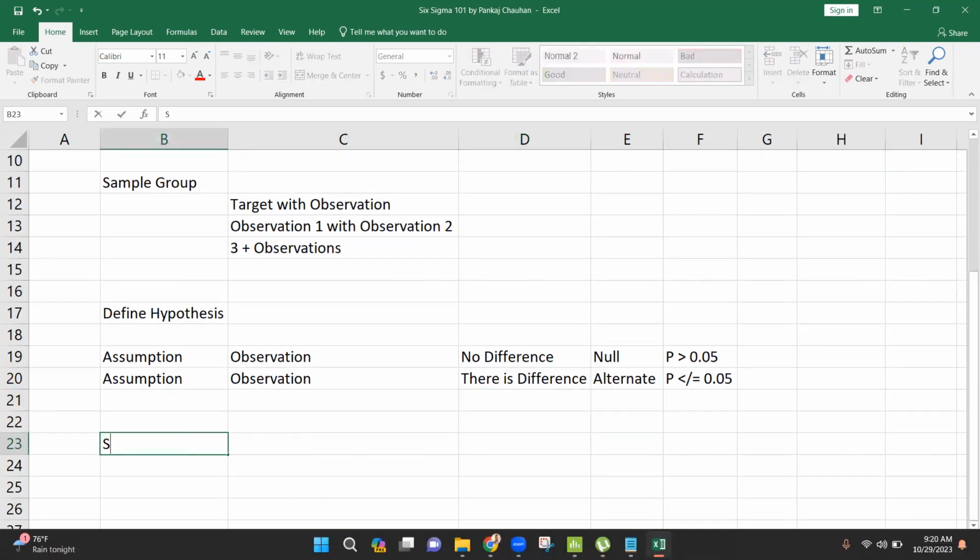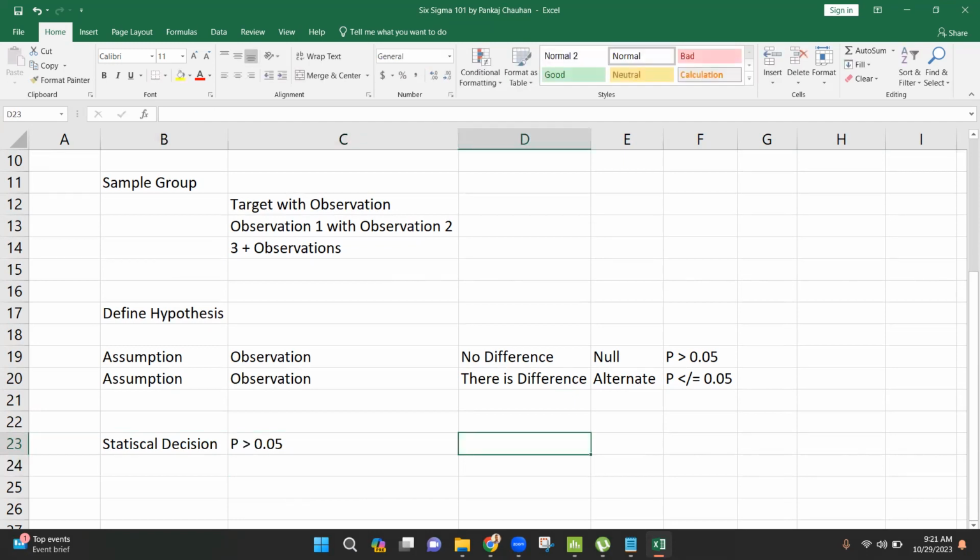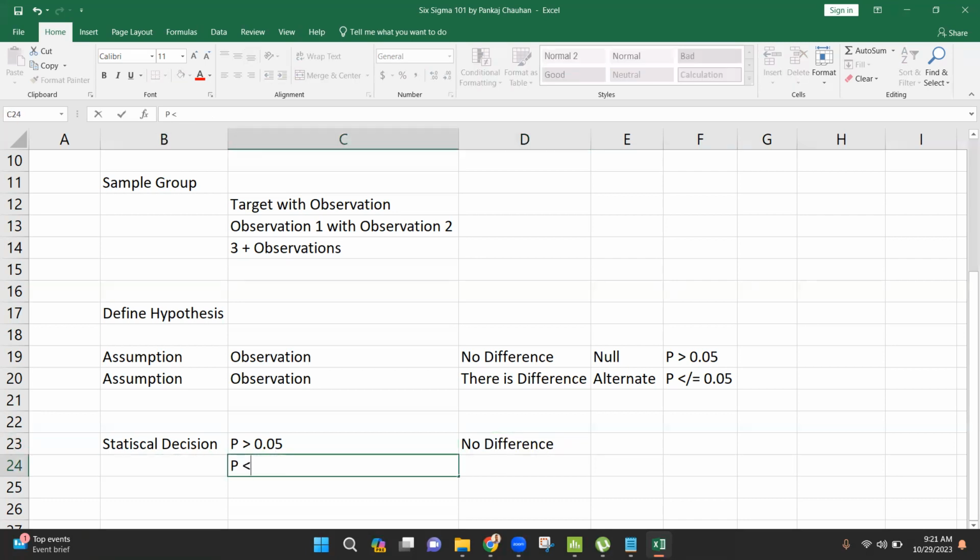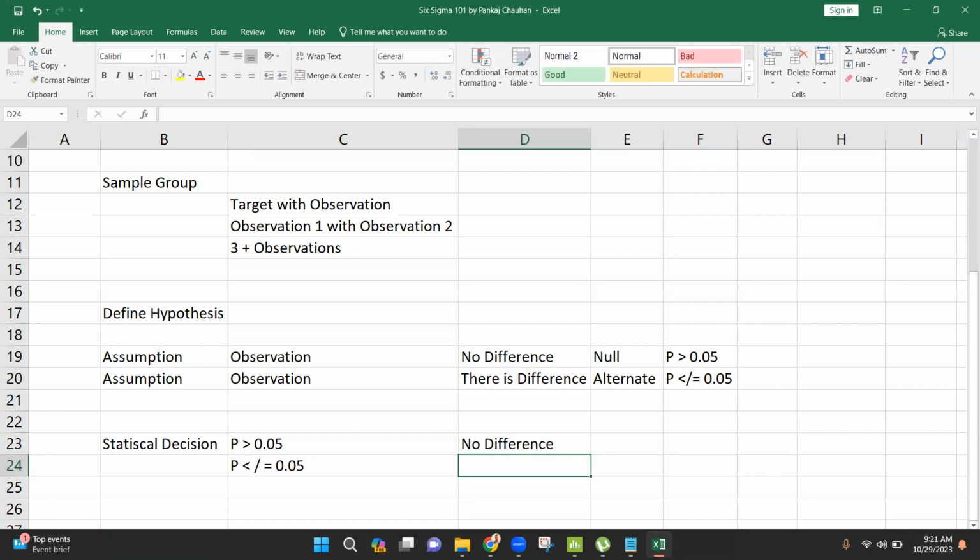First is the statistical decision: based on the p-value, if it is greater than 0.05, you will say no difference, they are same. And in case your p-value is less than or equal to 0.05, then you will say there is a difference.